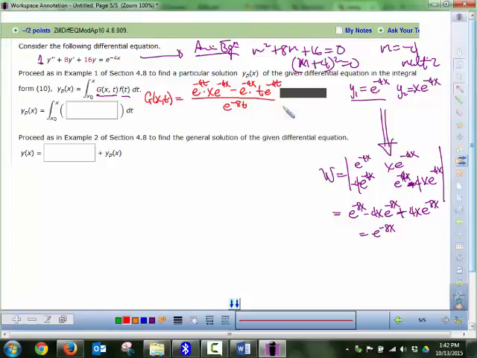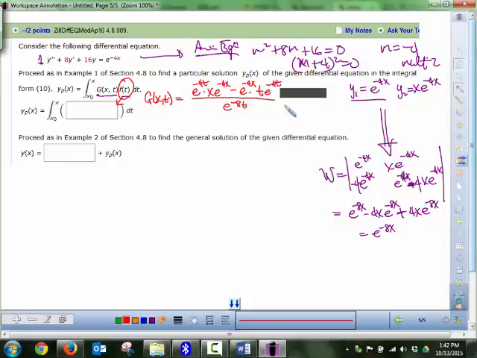Okay? Remember the Wronskian is going to be a function of t. And then the f of t part is, if we take this thing and multiply it by f of t, then we're going to get the whole thing that's supposed to go inside of the integral.